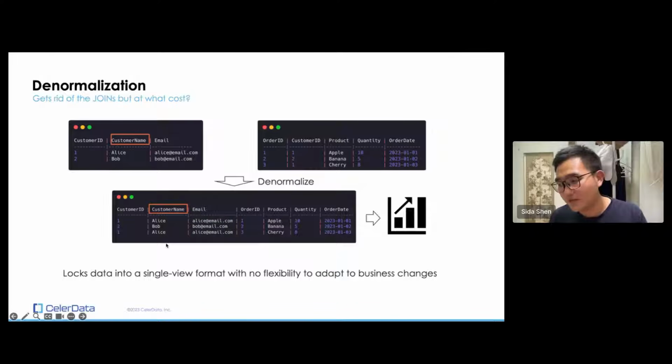Let's say you have 1 million or even 100 million rows of data. That's probably okay, right? But keep in mind, the customer table can be 100K, but this order table can be in the billions or hundreds of billions of rows. And backfilling this is much more expensive than you think.